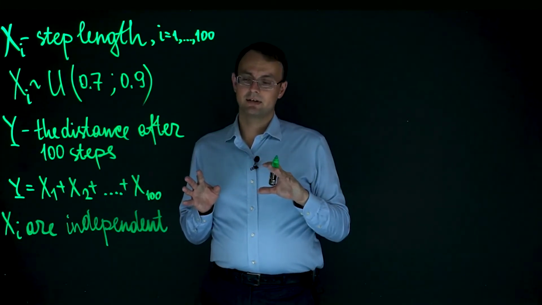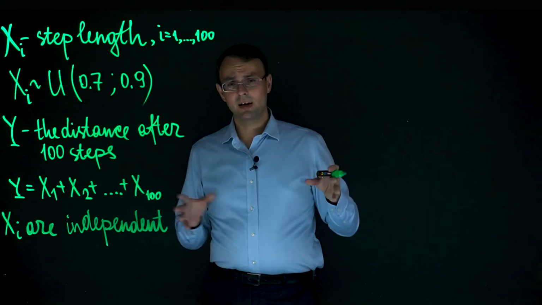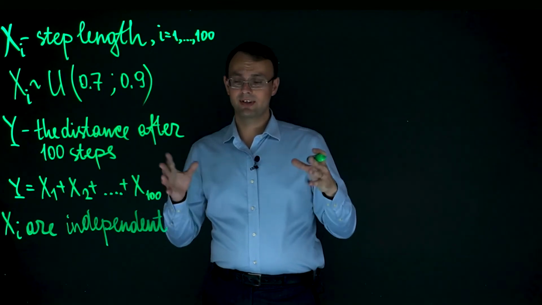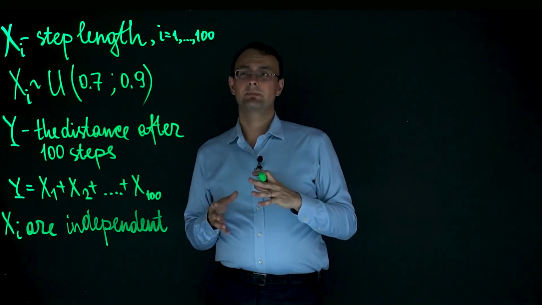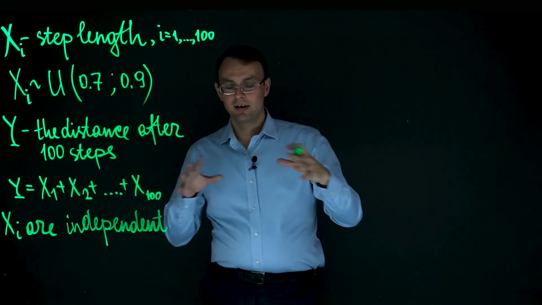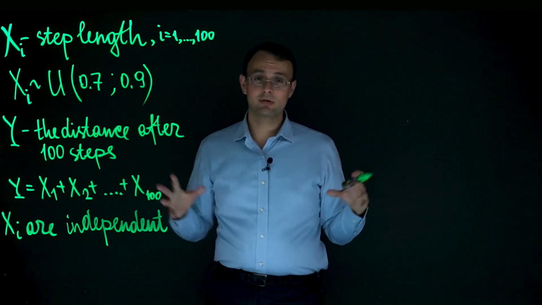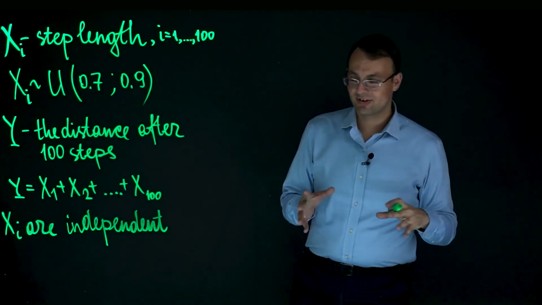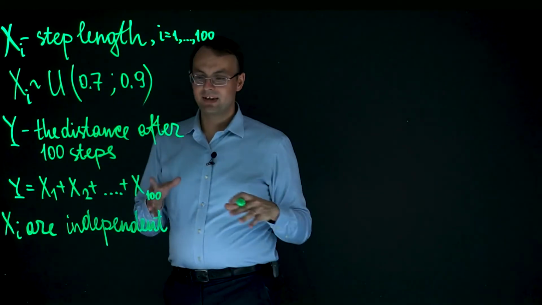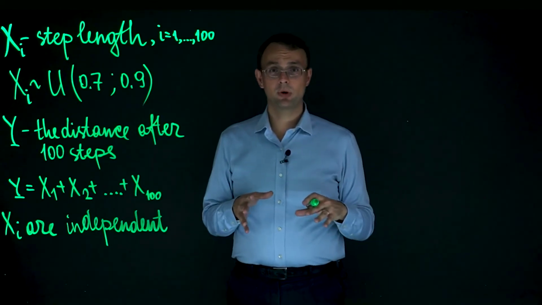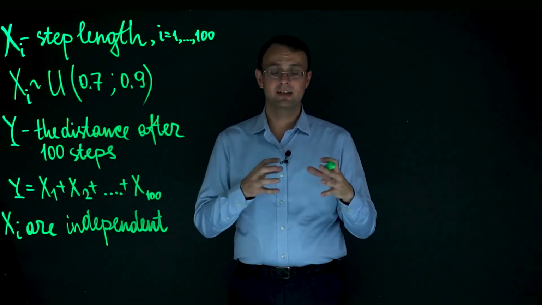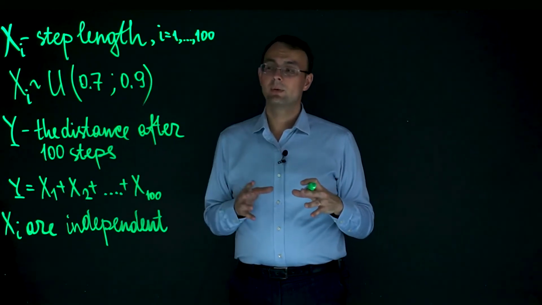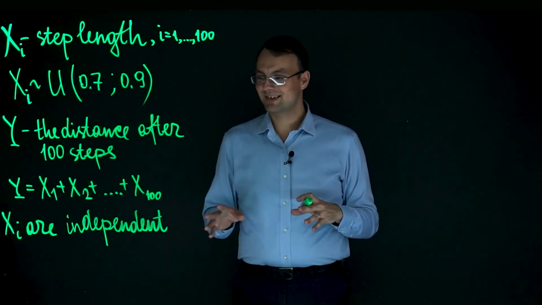If we know that the length of a given step was a short one, the probability that neighbor steps are also short increases. Maybe that means he's walking carefully, and because of this his steps are short. But still, let us assume this.